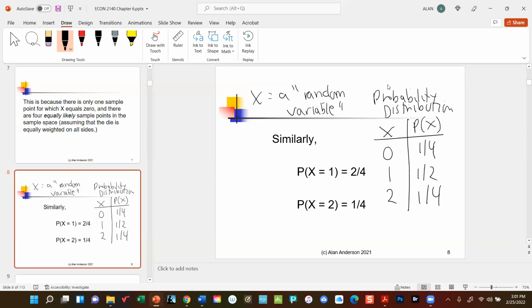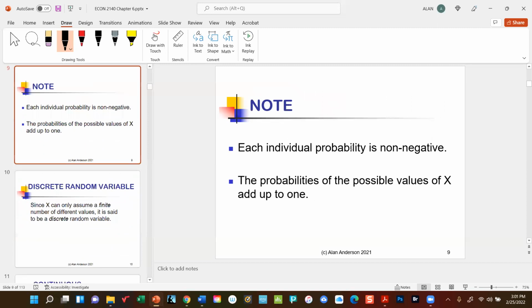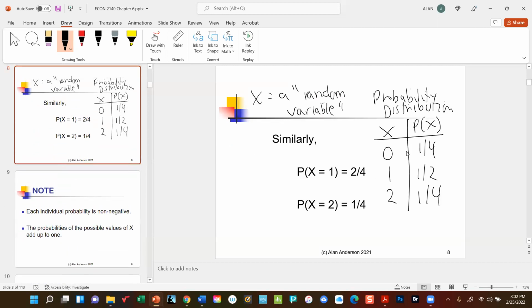A couple of important things to note here about this probability distribution. Number one, the individual probabilities are non-negative. We can't have negative probabilities because that would violate the axioms of probability. We cannot violate those axioms. The entire system of logic that we're developing here is based on those axioms. We can't make any exceptions, all right?